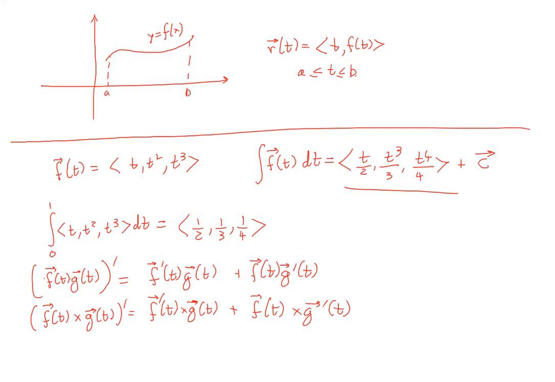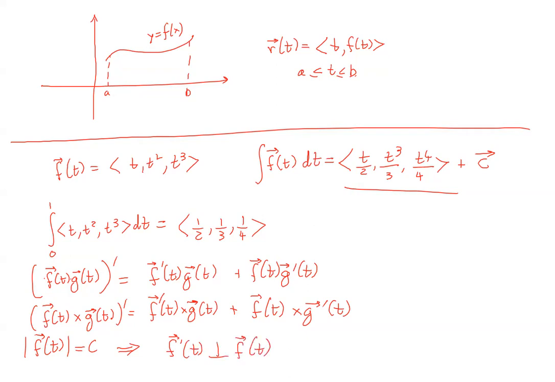And that's the following. If you have a vector valued function with constant magnitude, then its velocity, meaning the derivative, is perpendicular to it.